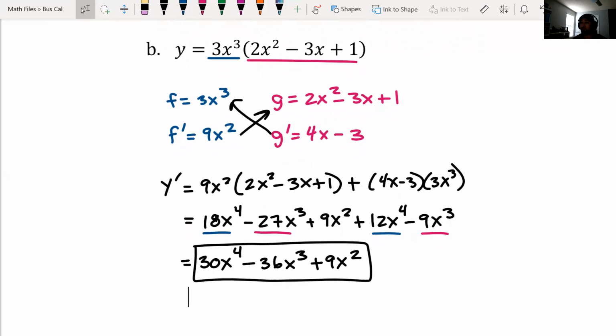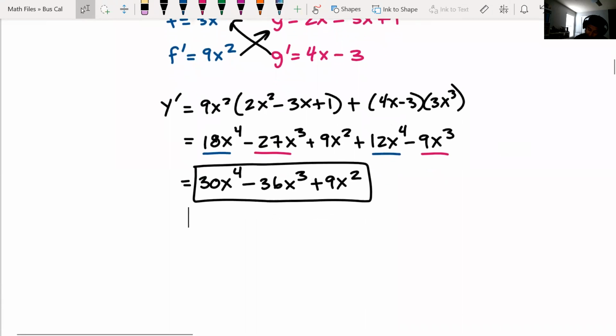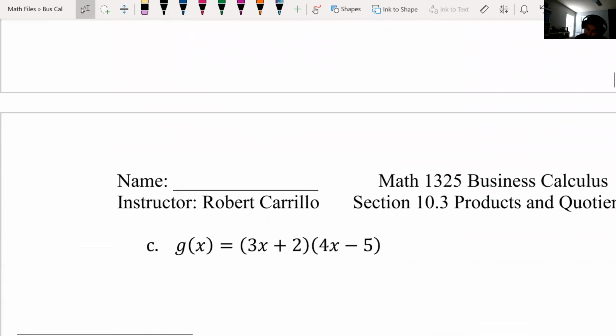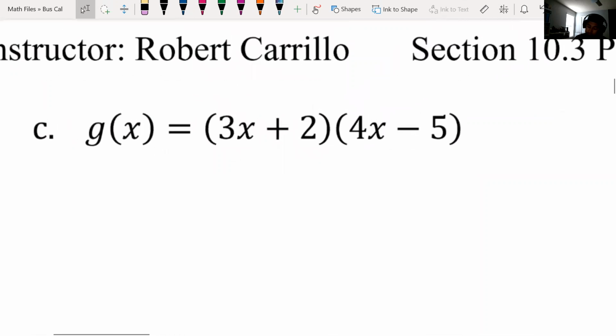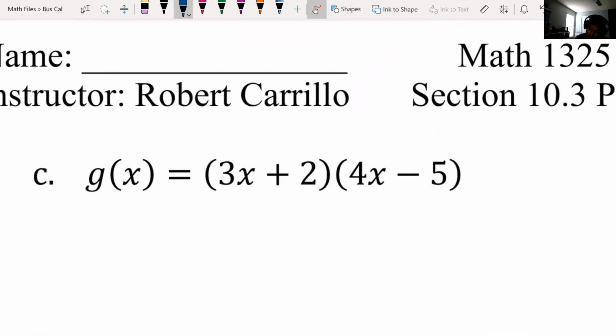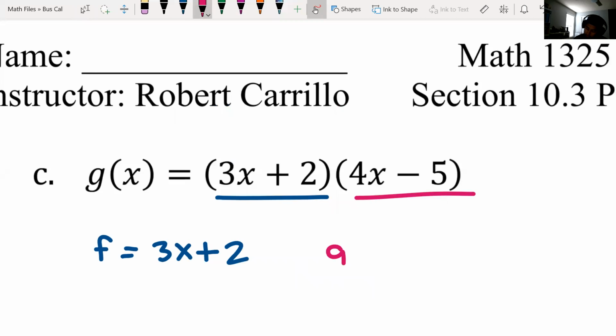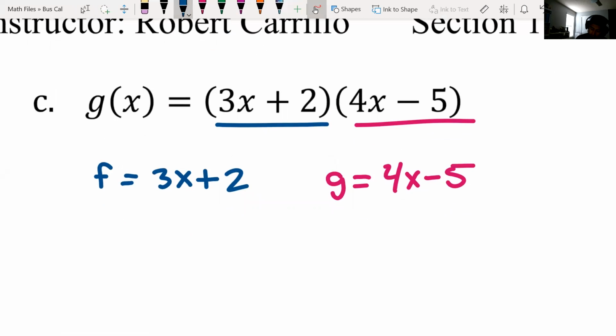All right. Next page, do it again. There's f: f is 3x plus 2. There's g: 4x minus 5. Take the derivative of f.